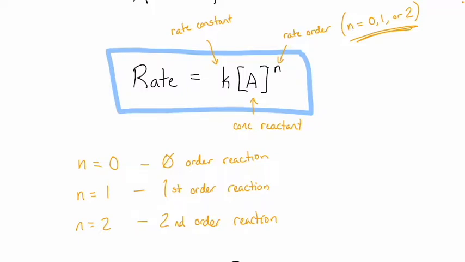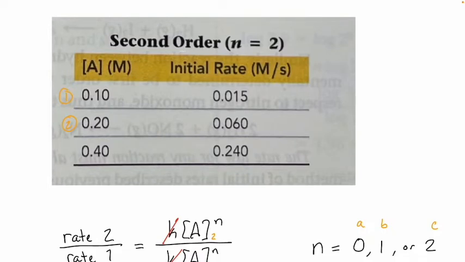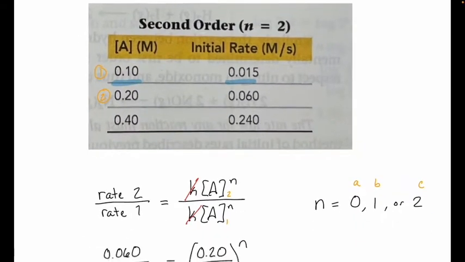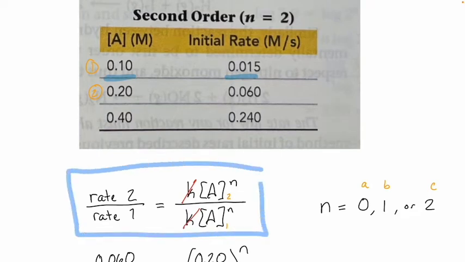Right? So what our goal was last class was to take some data of initial rates of a reaction against the concentrations of reactant. And we took this data and we analyzed it to determine the rate order of the reaction. Right? So the way that we did that was by taking the ratio of two of those data points.